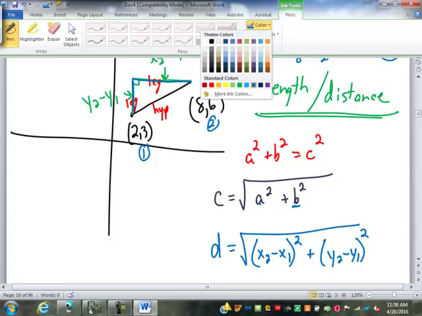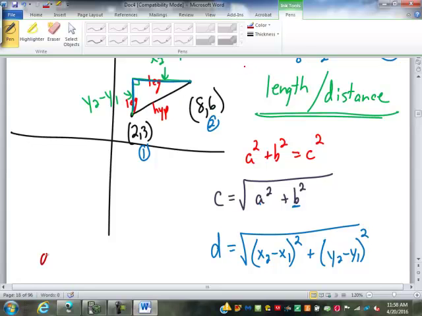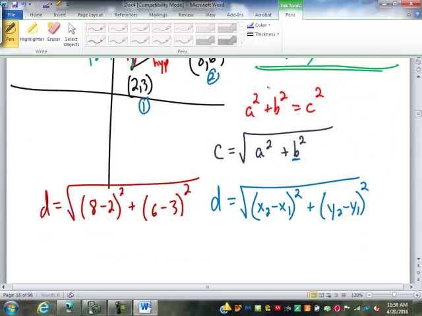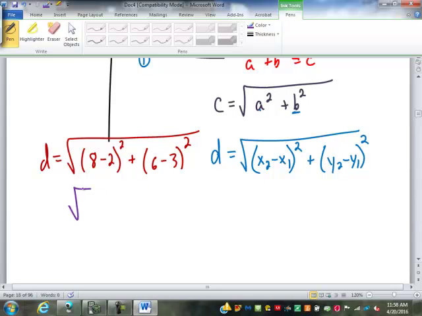So the distance between those 2 points, I'm going to fill it in over here. x2 is 8 minus x1 is 2, that'll be squared. Plus, y2 is 6 minus y1 is 3, and that'll be squared. So 8 minus 2 is 6, that'll be squared. 6 minus 3 is 3.